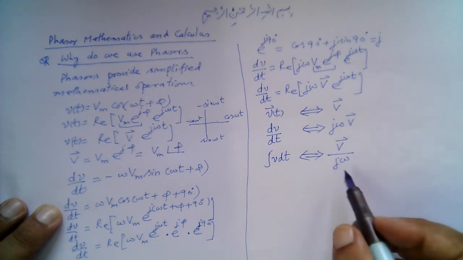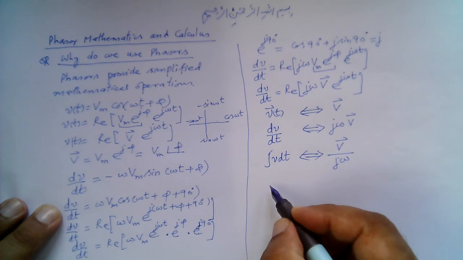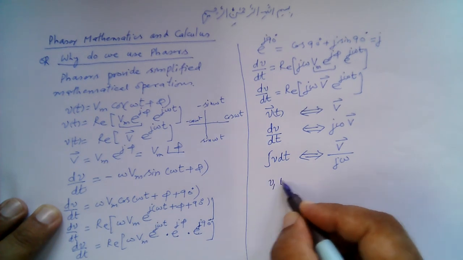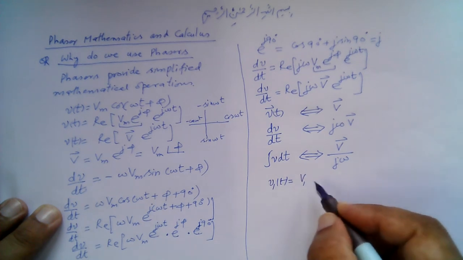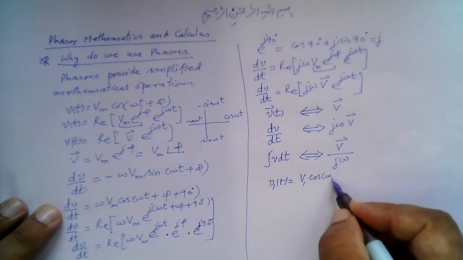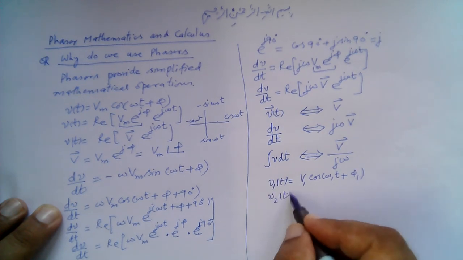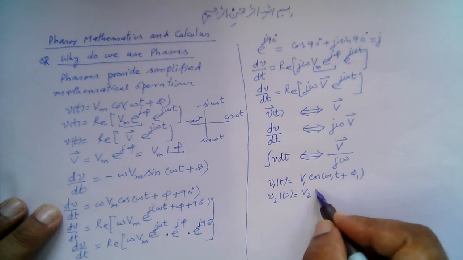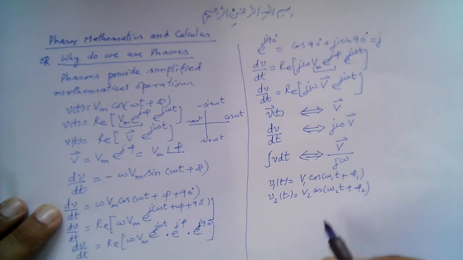Another use of phasors is the addition of sinusoids. For example, if we have a sinusoid in the time domain, v1 of t is equal to Vm1 cos(omega 1 t plus phi 1), and another sinusoid, v2 of t equal to Vm2 cos(omega 2 t plus phi 2). If we wanted to add these two sinusoids, it would be a difficult operation in the time domain, right?